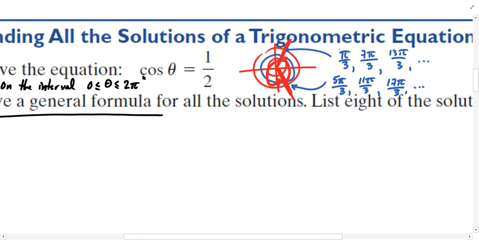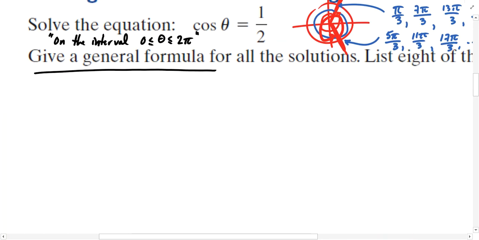So rather than trying to write an infinite list like this, we can come up with a general formula for all the solutions. And for one round of the solutions, it might look like this. Theta is equal to pi over 3 plus 2 pi times k, where k is an integer.